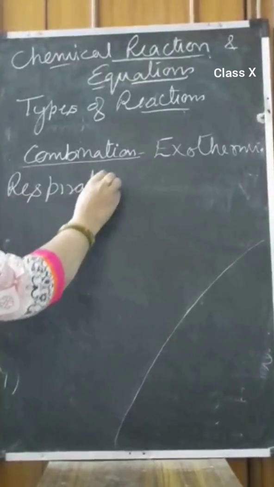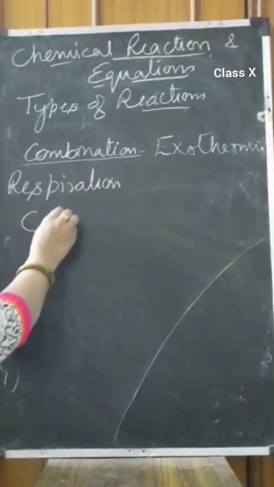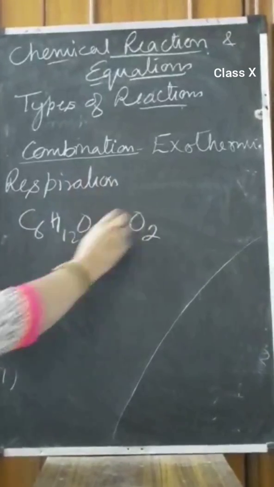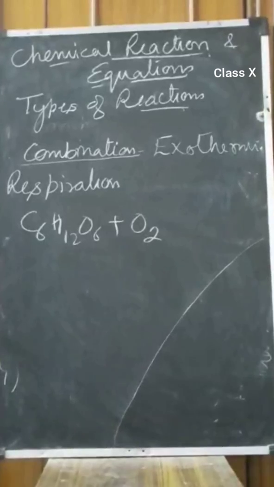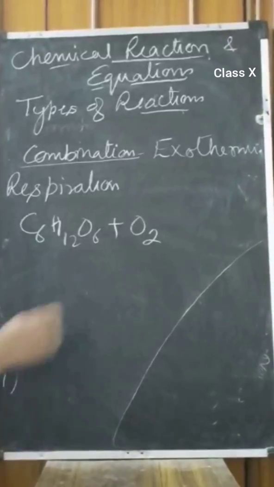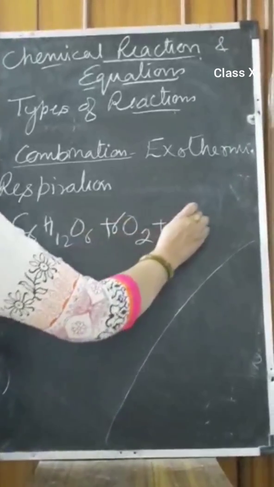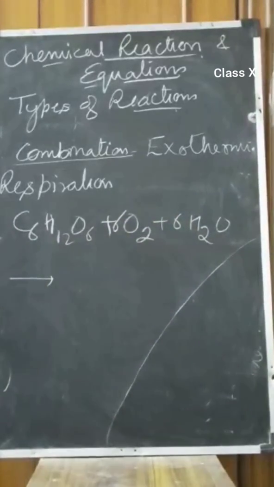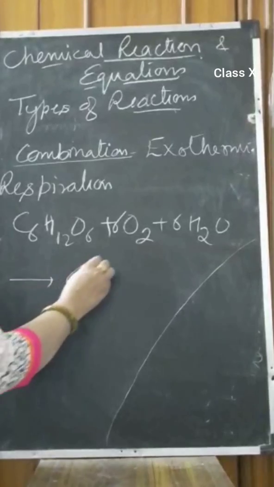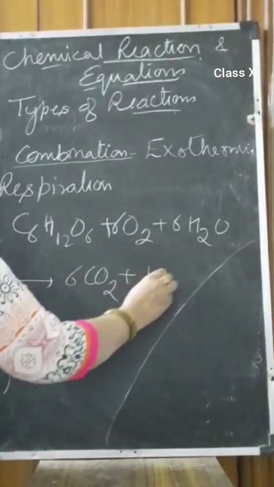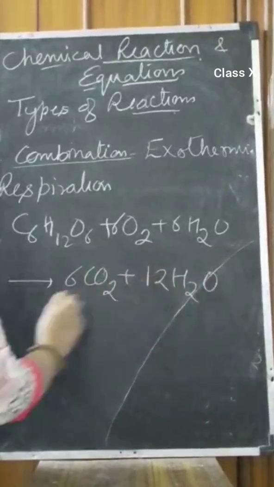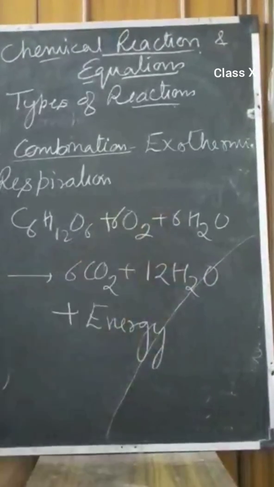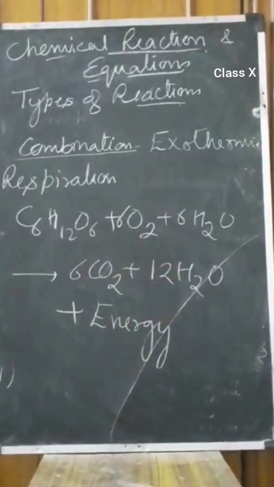It is when glucose, C6H12O6, combines with oxygen, that is the combustion, in the presence of water. It forms carbon dioxide, water and liberates energy, which is utilized for the various functions of the body.